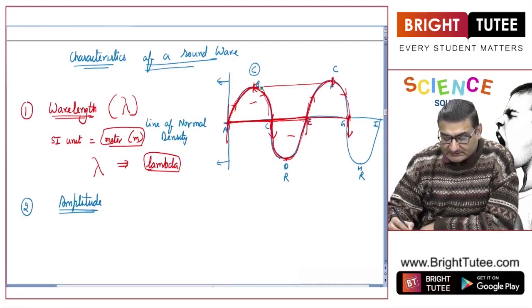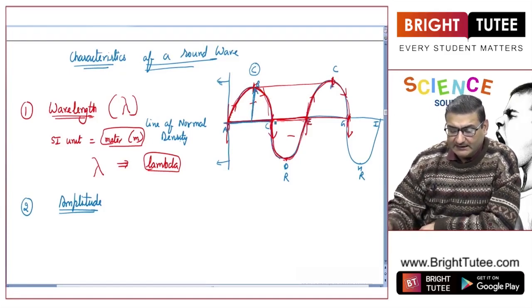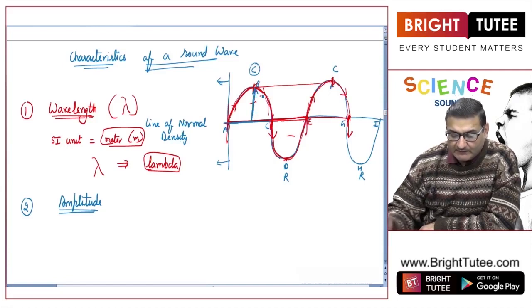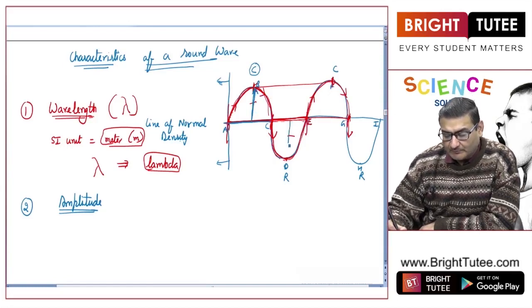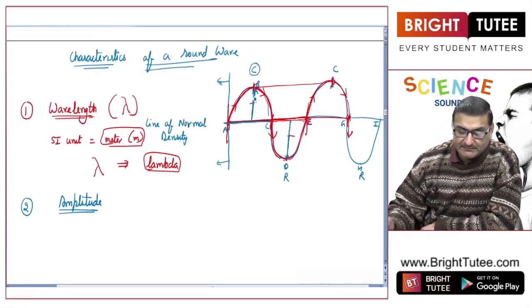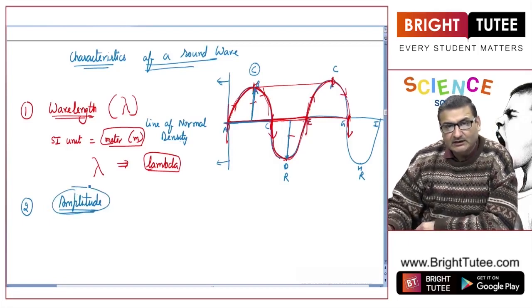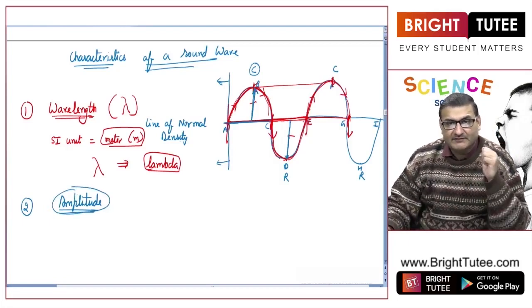So the maximum displacement, this particular height to which this wave is moving from the line of normal density, whether it is above this line or below this line, is known as the amplitude of this particular wave.